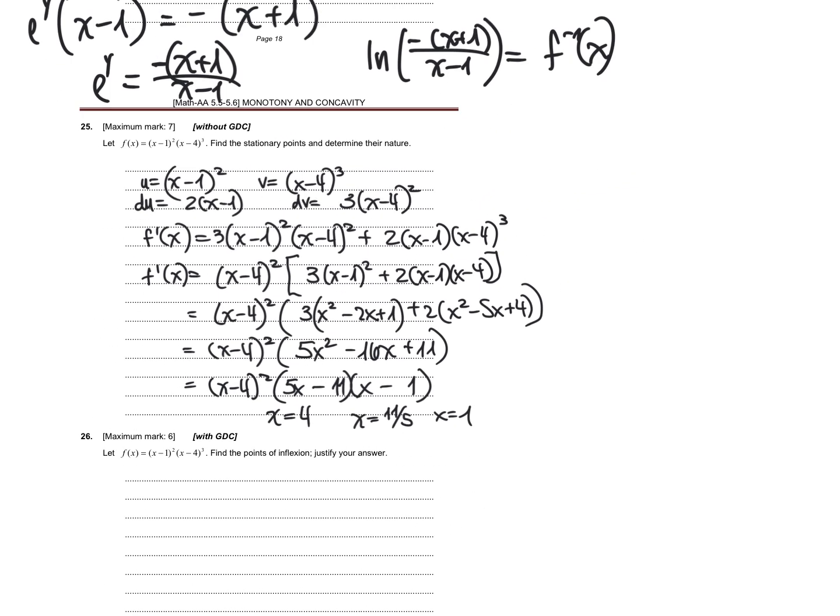I am not going to do second derivative. I'm just going to do first derivative into this one. So we have 1, we have 11 fifths, which is 2 1/5, and we have 4.